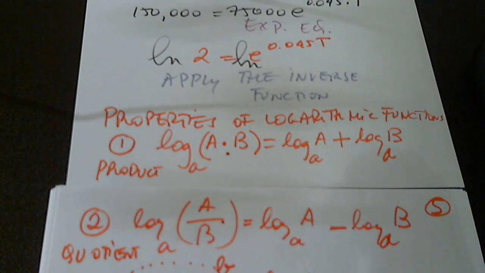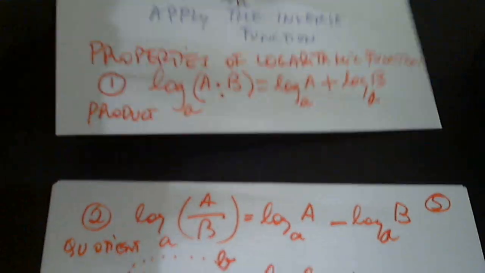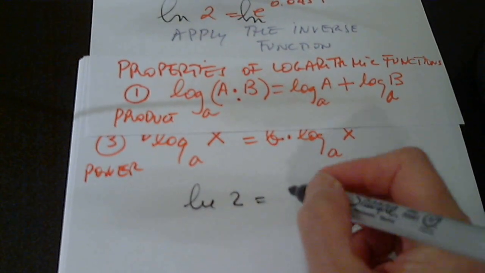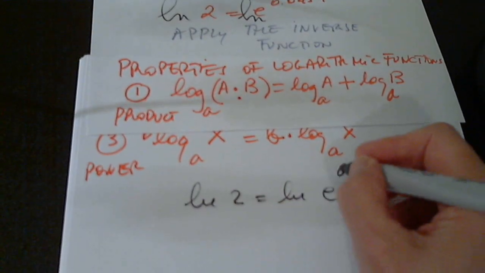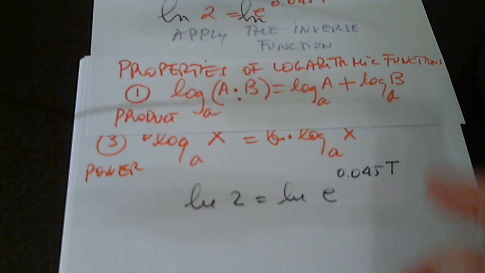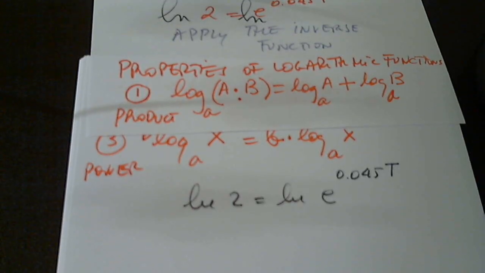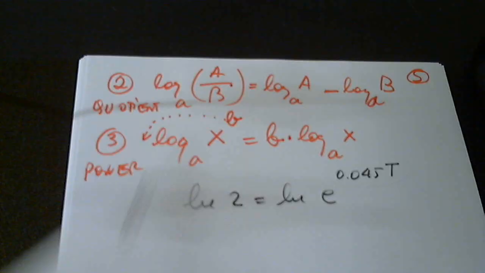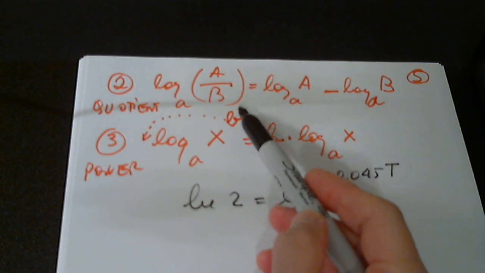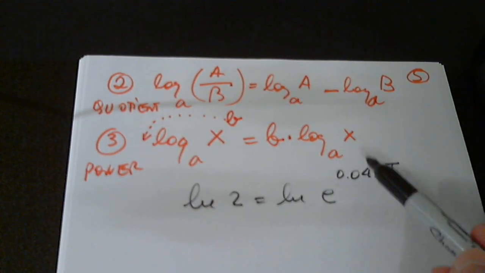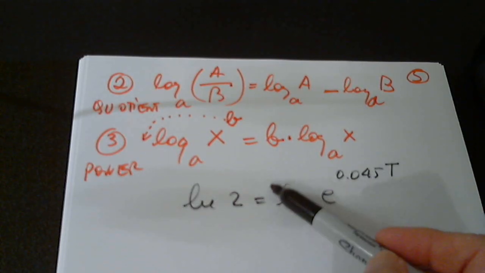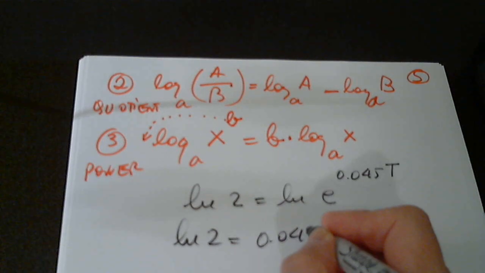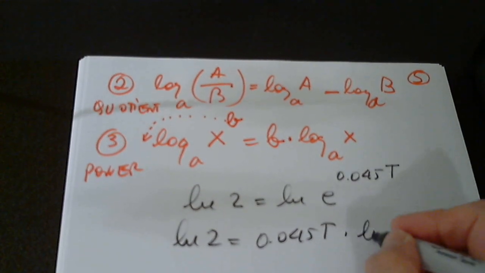So coming back to my example, I'm going to copy it here again. So that was natural log 2 equals natural log of e raised to 0.045 t. So there is a power. I'm applying the third property by bringing the power in front. So I have natural log 2 equals 0.045 t multiplied by natural log e.